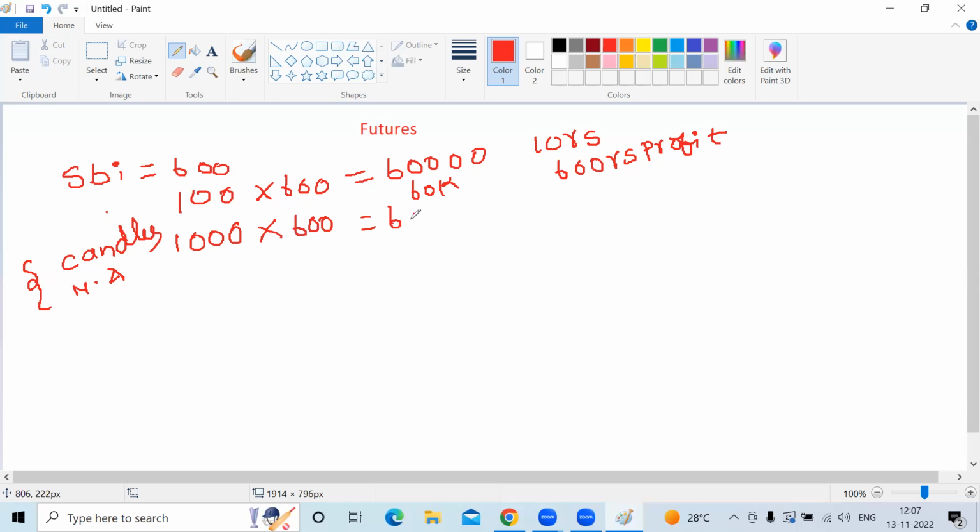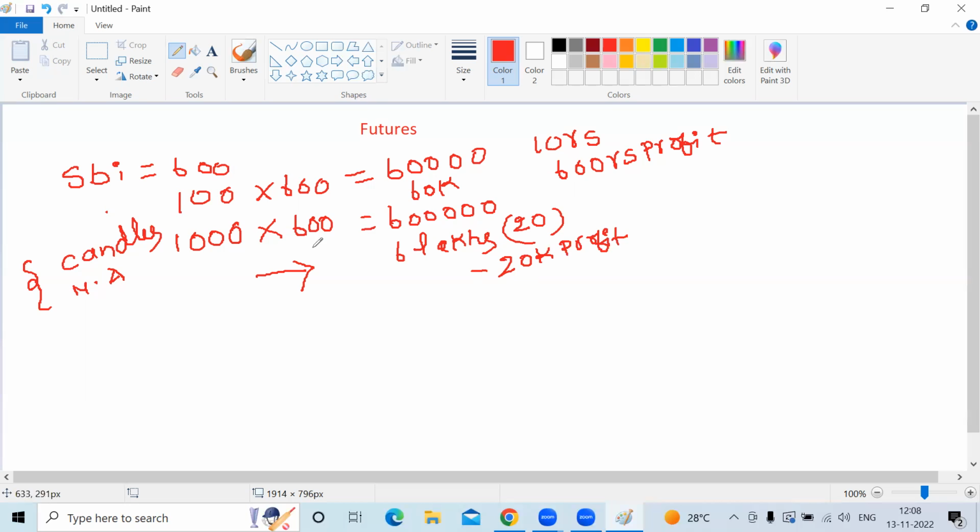How much do you need? You need 6 lakhs. But you don't have that much money. You don't have 6 lakhs in your account, but you are pretty sure it will increase 20 rupees today. Then you might get 20K profit, isn't it?